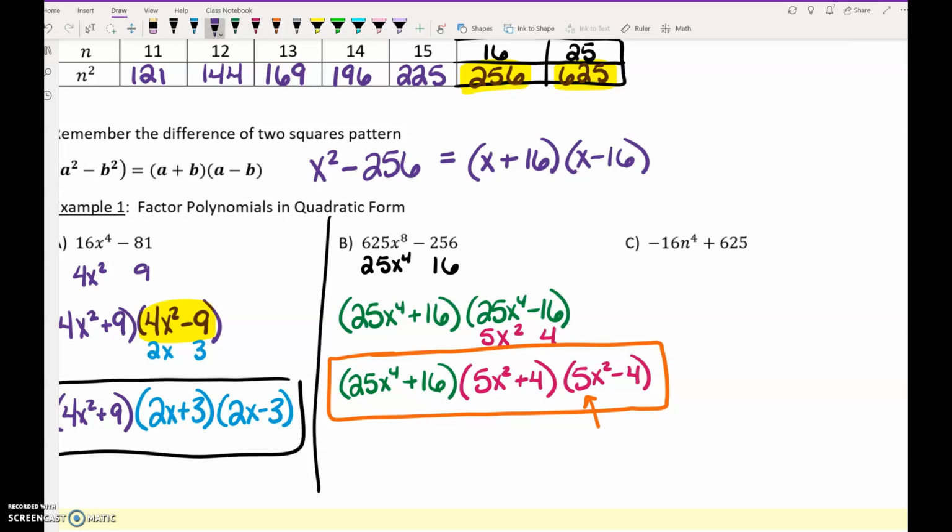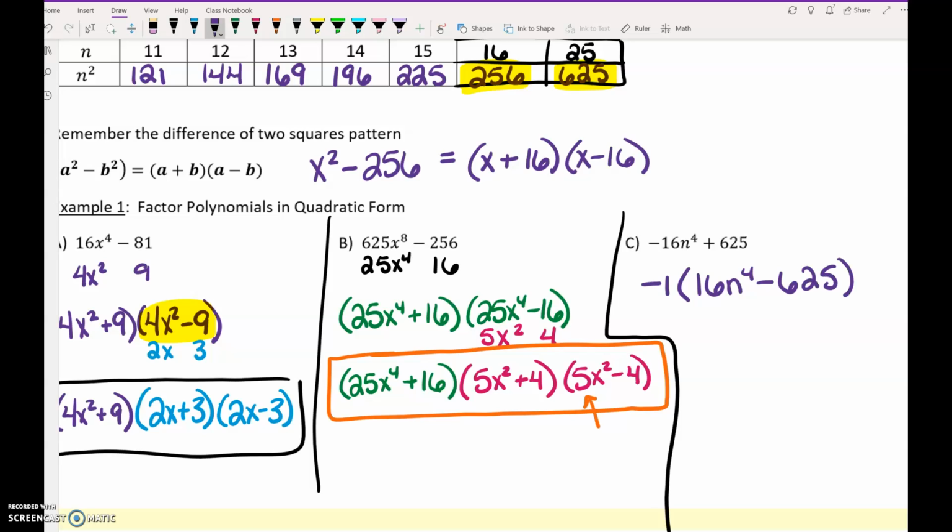What's wrong with C? Everything. There's a negative at the beginning. So our first step is going to be to factor out a negative. I think you actually, no, you can't. Never mind. So -1, that would give us 16n to the fourth minus 625.